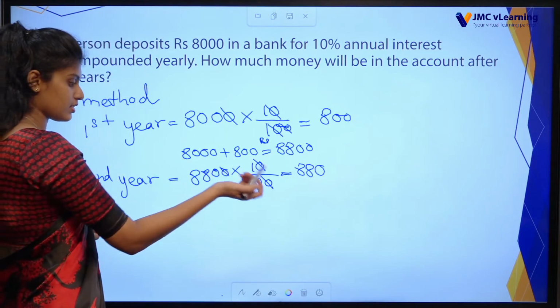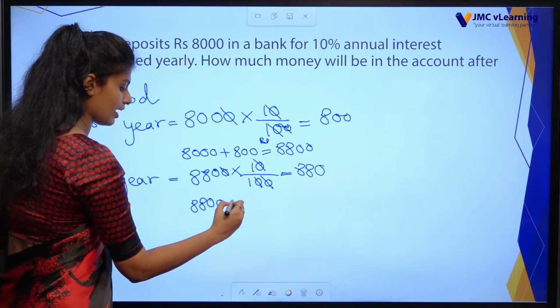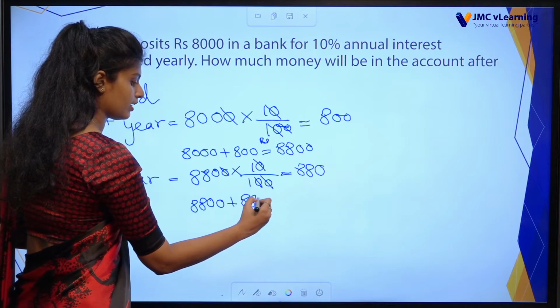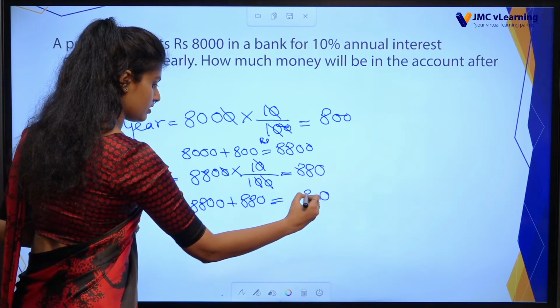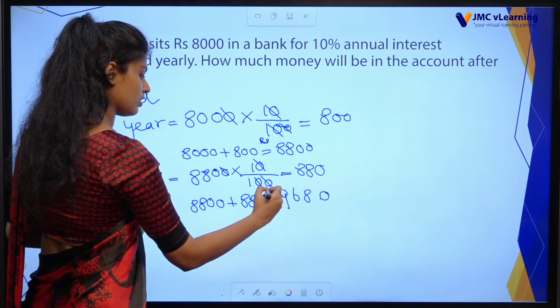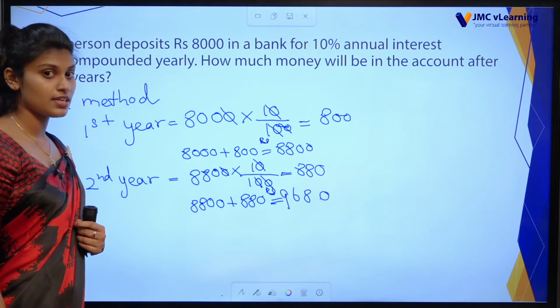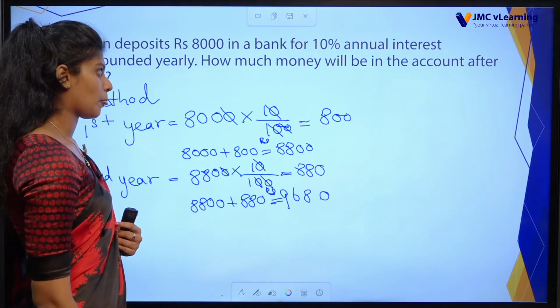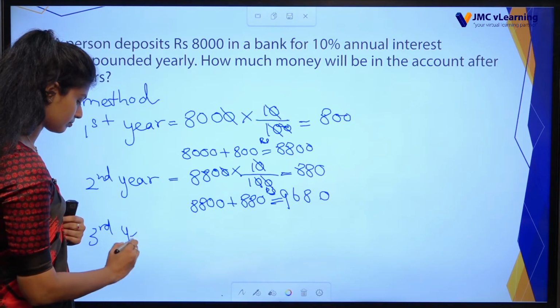Now let's add these both. 8,800 add 880. 0, 8, 16, 1, 9. Now that account has 9,680 rupees.